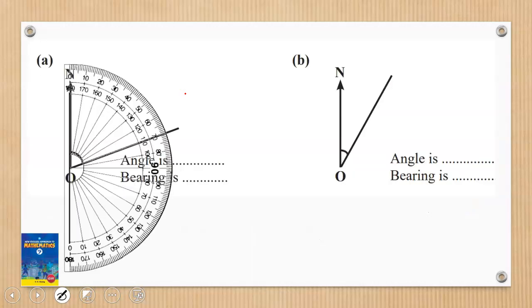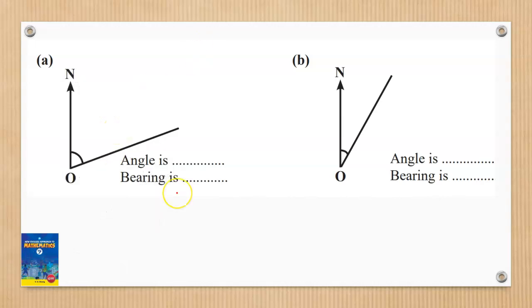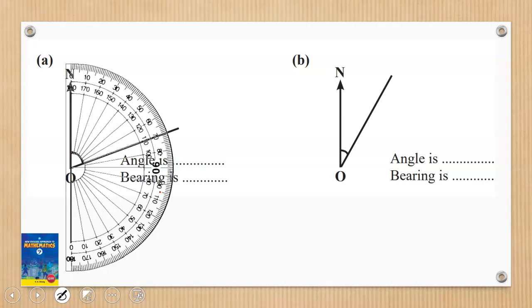Right, now let's take an example. Let's have this particular diagram, and we want to find the angle between these two lines. That is the first thing. Then we find the bearing. Okay, so we will measure with our protractor, and I'm sure you know how to measure with a protractor.